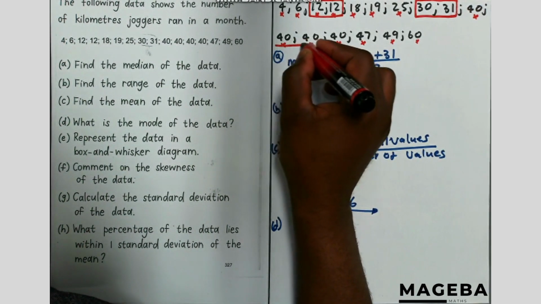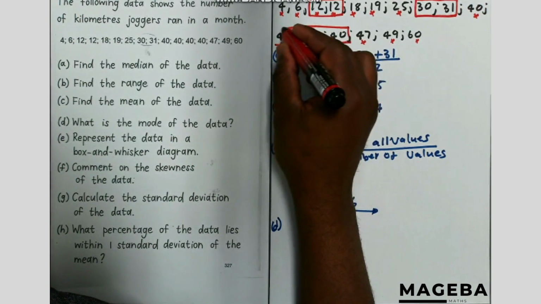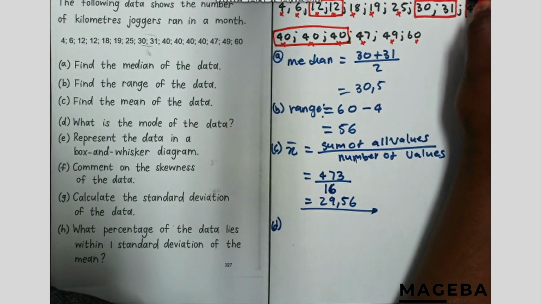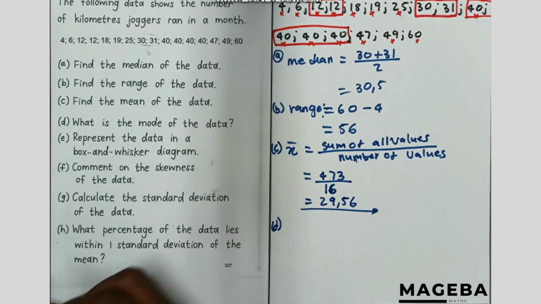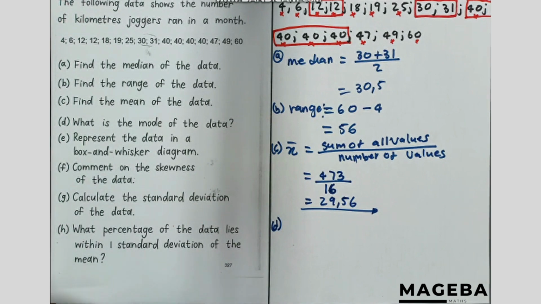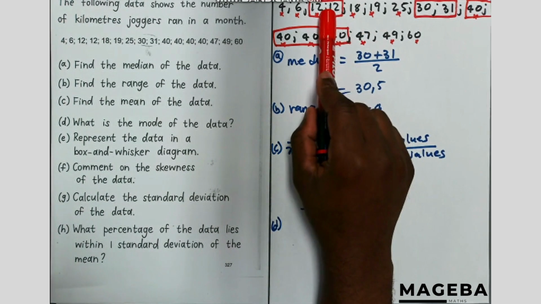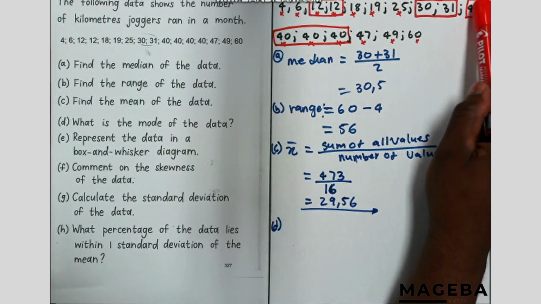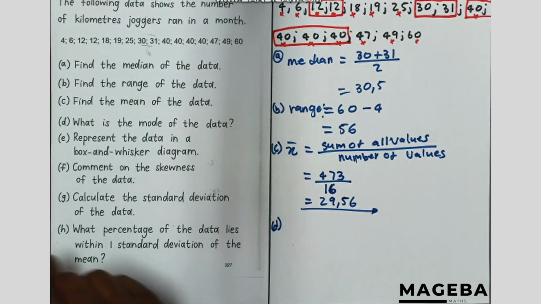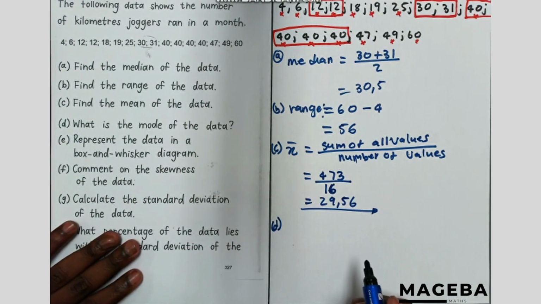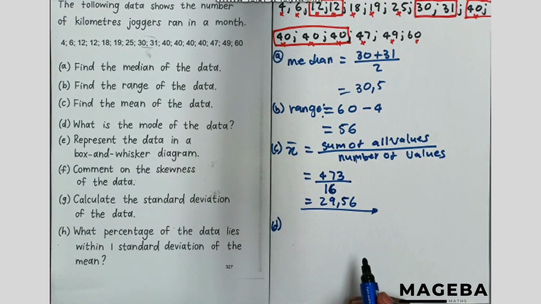So 12 is repeated 2 times, but 40 is repeated 1, 2, 3, 4 times. So 40 is repeated 4 times. So I'm taking the biggest one, the one that is repeated more than the other one.